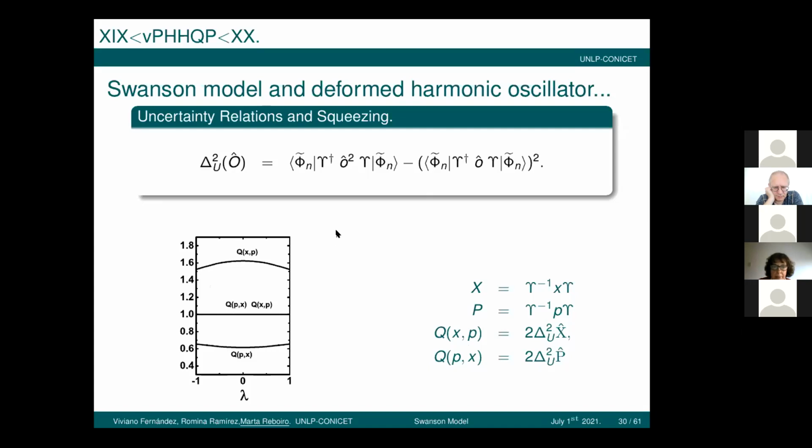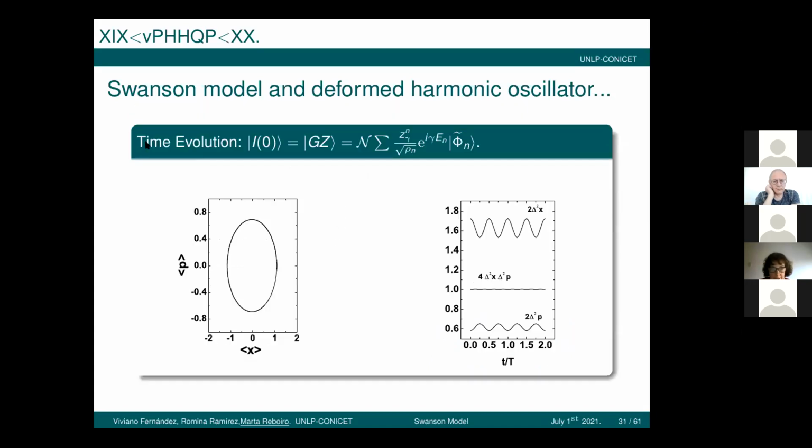Then we said, well, let us look at the evolution of a Gaussian state. A Gaussian state is a state constructed in this way. For the harmonic oscillator, this goes clearly to the coherent state of the bosons. When this is not a harmonic oscillator, this is more complicated, but we can construct the evolution of this state, and we saw that as a function of time, the evolution was periodic.